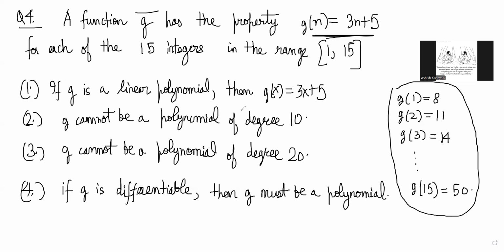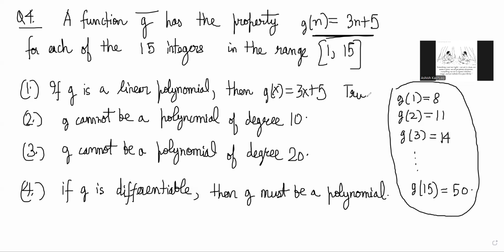That statement should be obvious whether it is true or false. Can you tell me whether it is true or false? Yes, if g is a linear polynomial, then g of x is equal to 3x plus 5, it is true actually.